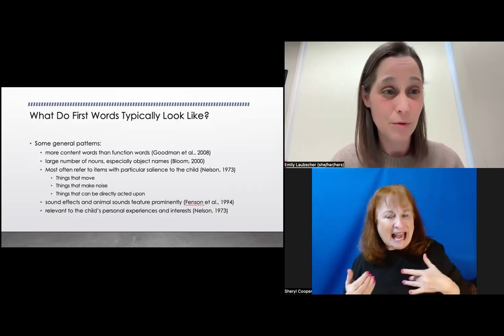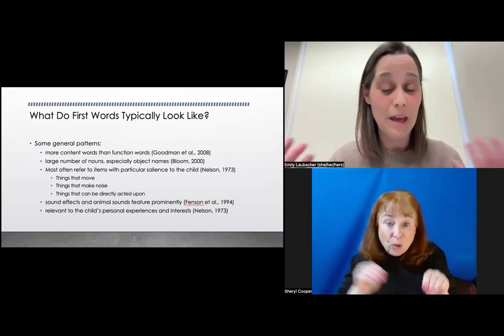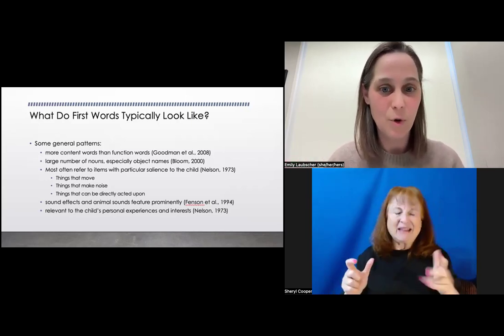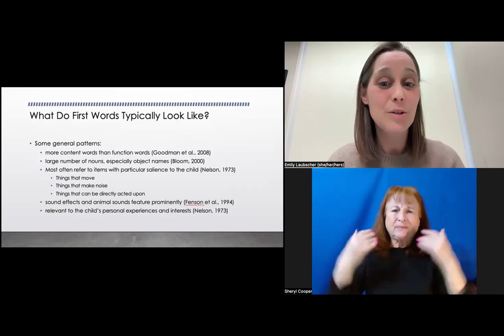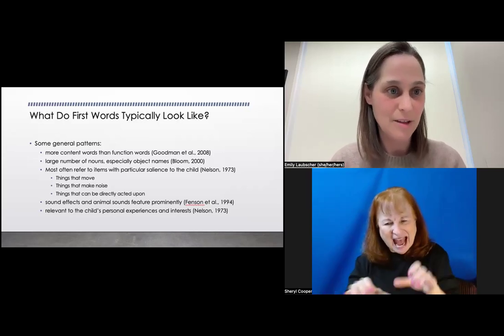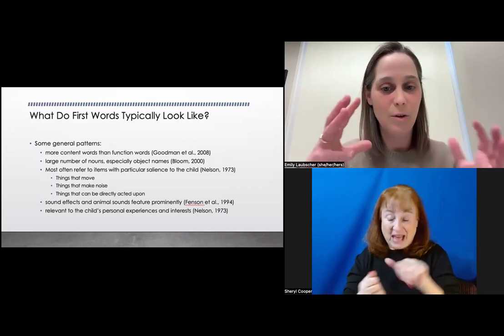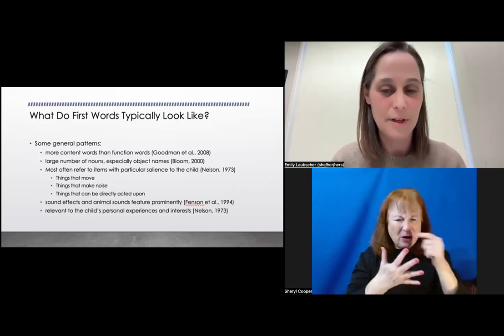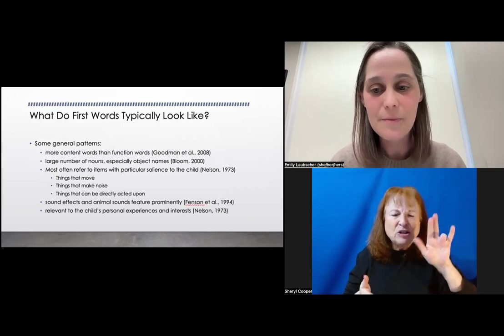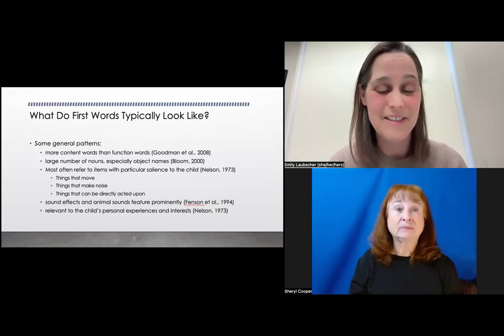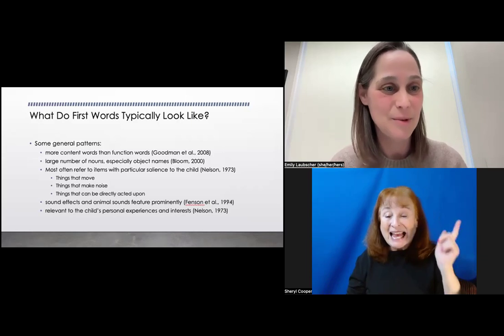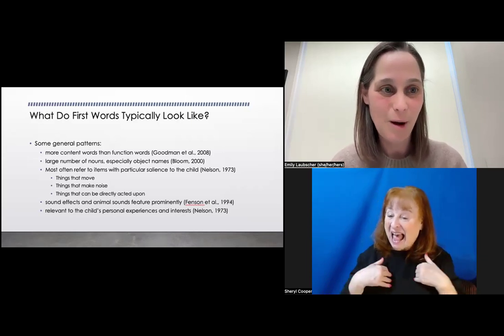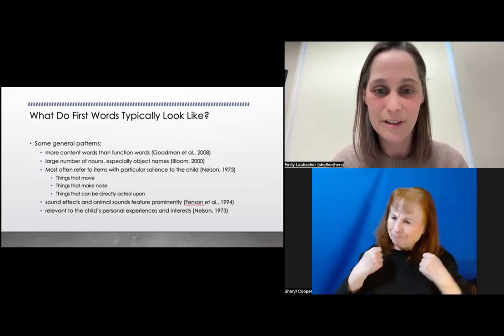So things that move, things that are big, things that make a lot of noise, things that can be directly acted upon by the child. So children can hold them and touch them and experience them and explore their sensory properties. And also, interestingly, sound effects and animal sounds tend to feature very prominently in early vocabularies.